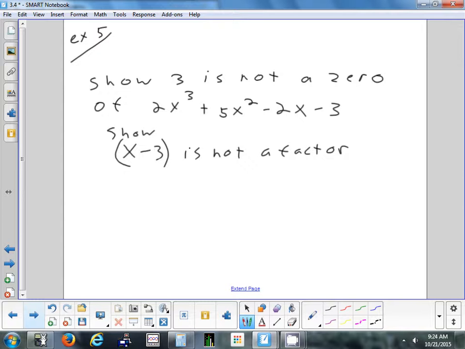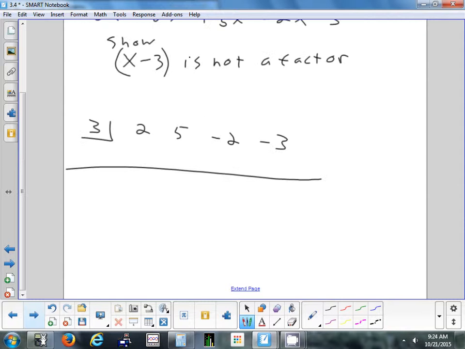All right. So now I look at the number after the minus sign, which is 3. Divide it in and look at the remainder. So you got 2, 5, negative 2, negative 3. No zeros this time. Okay, bring down my 2. 3 times 2 is 6. 5 and 6 is 11. 3 times 11 is 33.